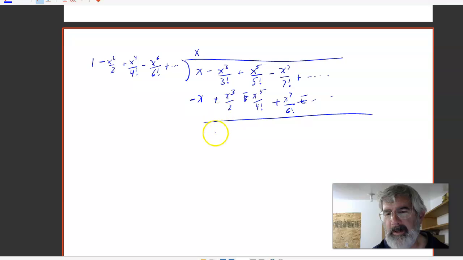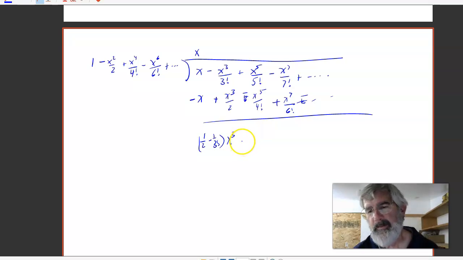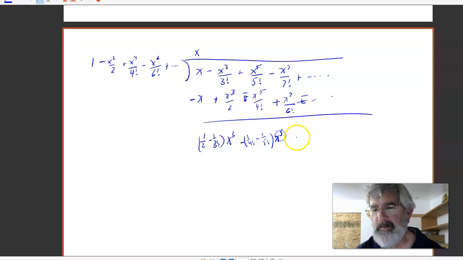And what do I have here? I've got 1/2 minus 1 over 3 factorial times x cubed. And here I've got, let's write it as minus 1 over 4 factorial minus 1 over 5 factorial x to the 5.